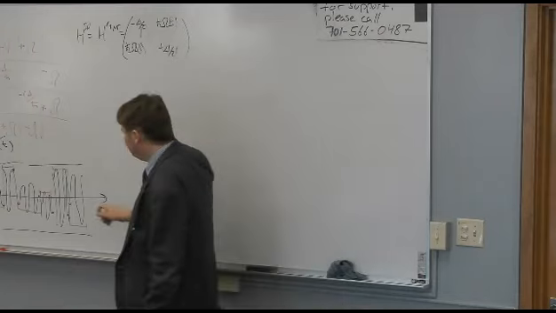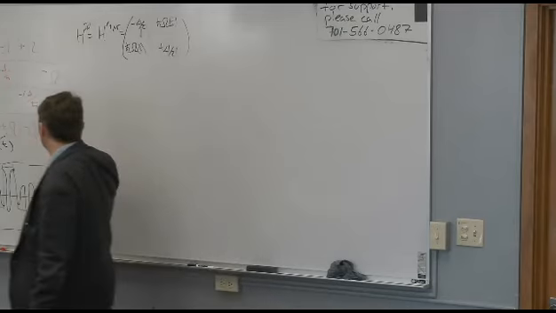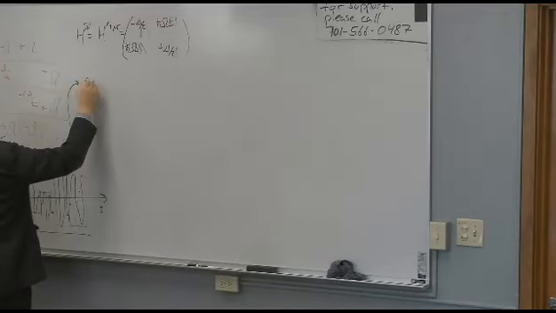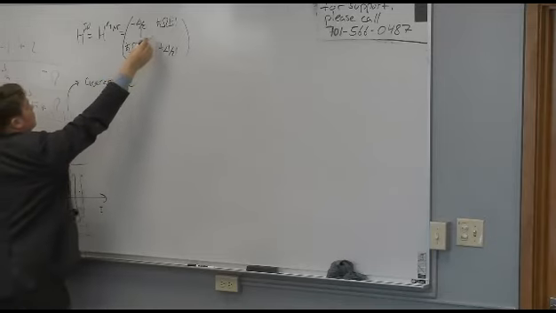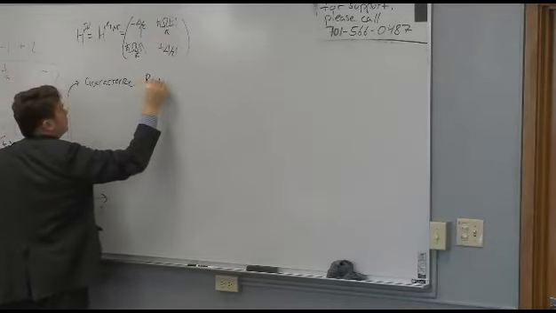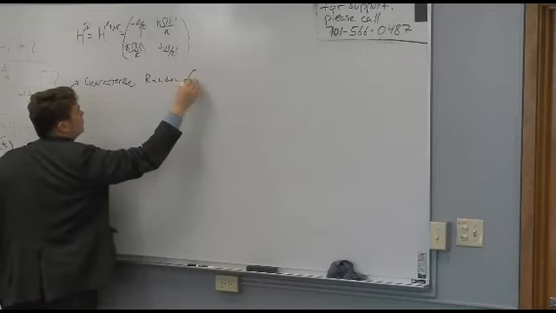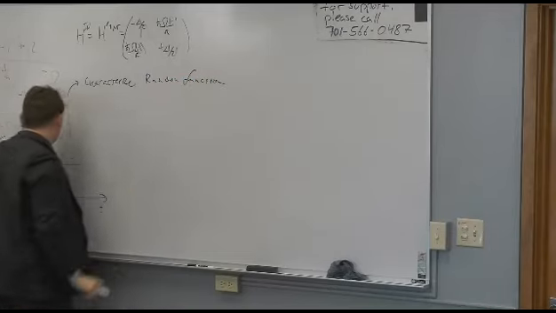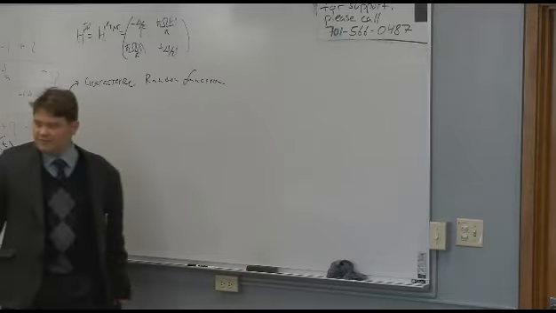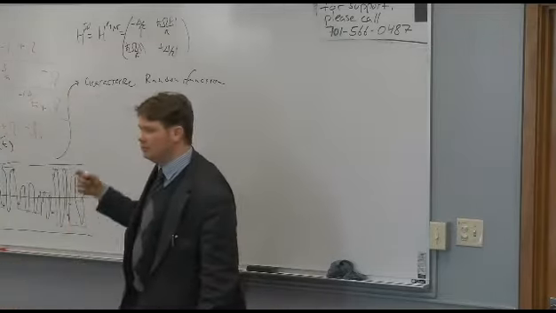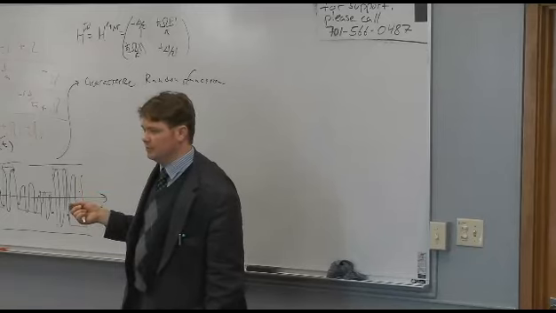Now, how can we characterize this random function? Mathematically, how do you characterize a function if you want to convolute it into a single number or a couple of numbers?